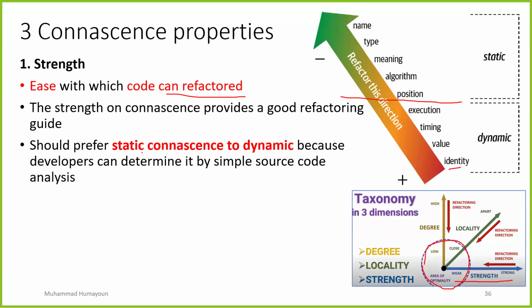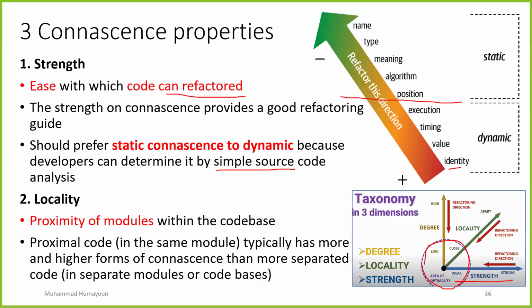You should prefer static connaissance to dynamic because developers can determine by simple source code analysis what the dependencies in your code are, and you can go there and make changes. Locality is the proximity of code within your code base. How close those code modules are from each other. If they are pretty dispersed, try to bring them close in the hierarchy of your code.